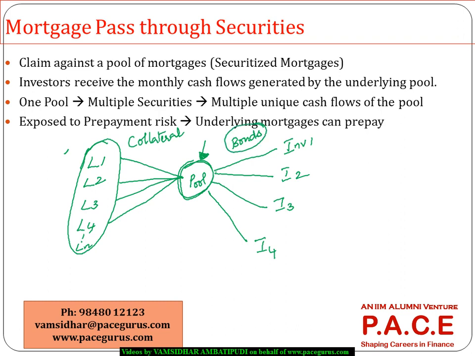Look at it like this: this company creating a pool is raising capital by issuing bonds and keeping the various real estate properties, the various loans that are outstanding, as the collateral.